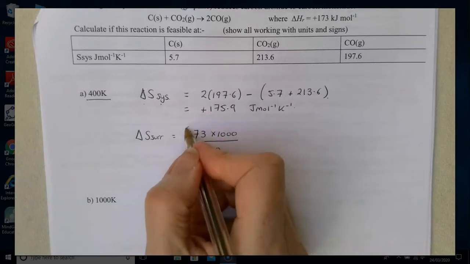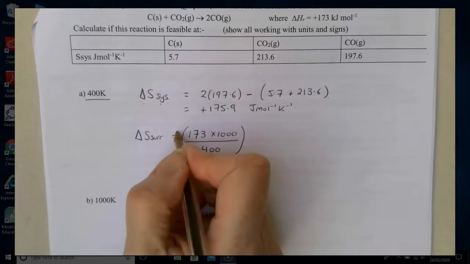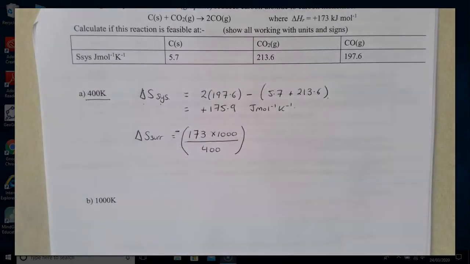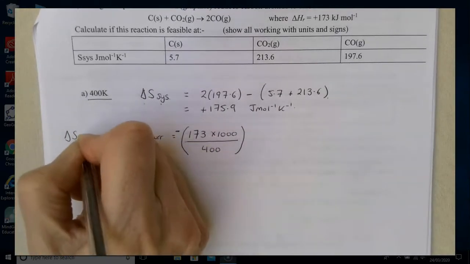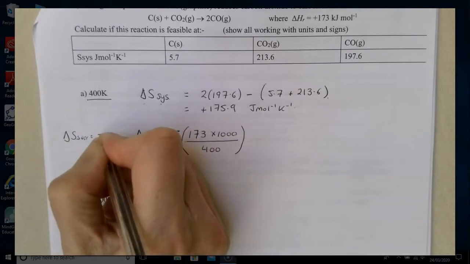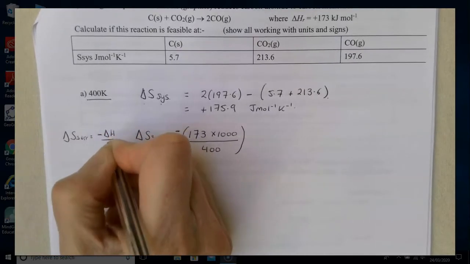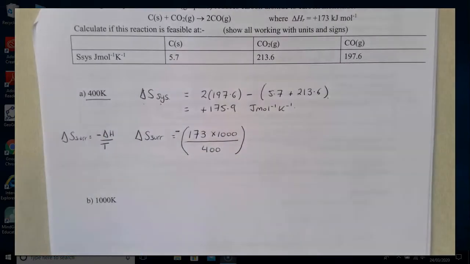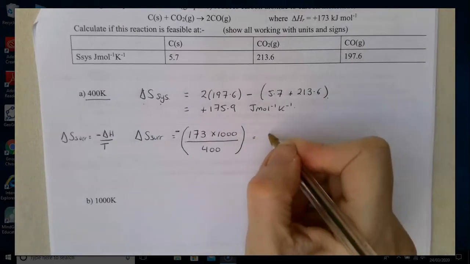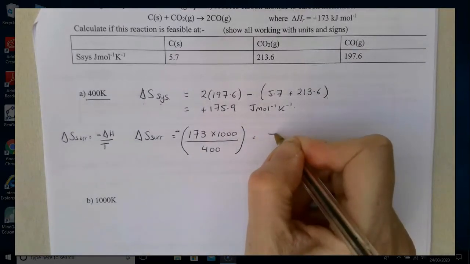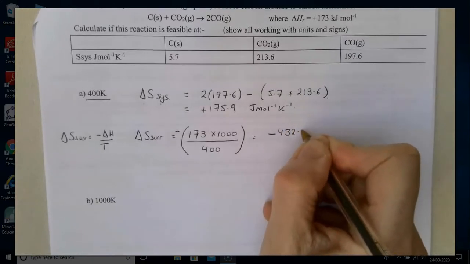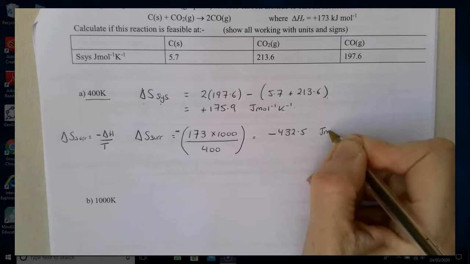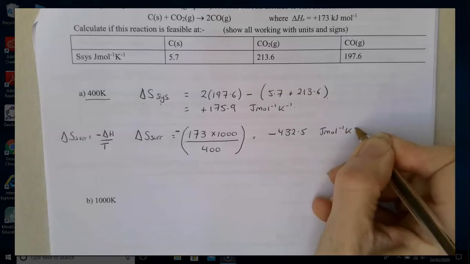Now, because this is endothermic, the whole thing is going to come out as negative, because if you remember, delta S surroundings is equal to minus delta H over T. Okay, so again, if I put that into my calculator, I get minus, because this will be a negative number, 432.5 joules per mole per Kelvin.